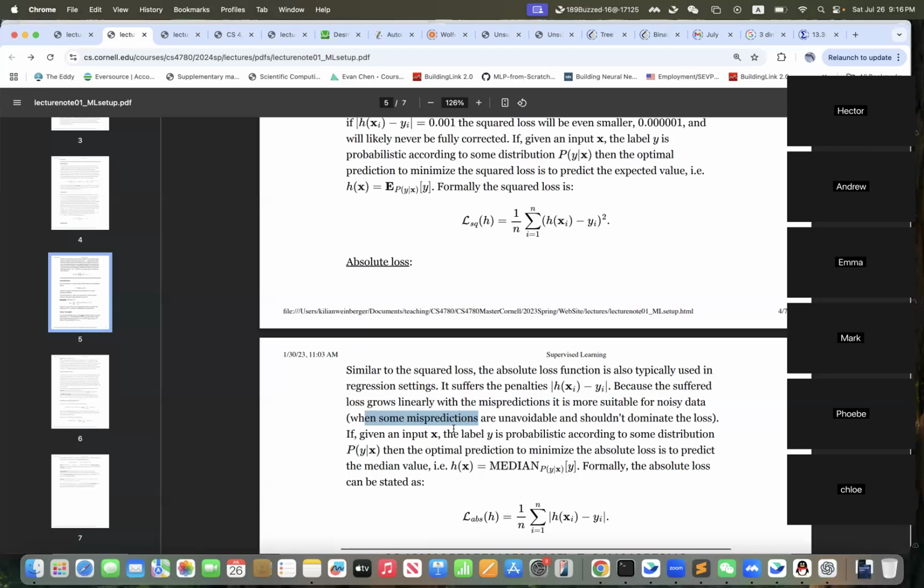For example, we are using five features to predict whether tomorrow will rain or not. But maybe there are other features also influencing whether it rains or not tomorrow, right? We are using only five features.